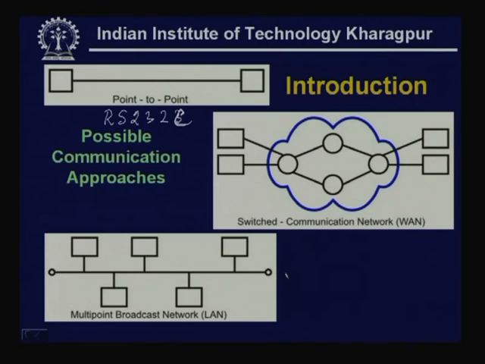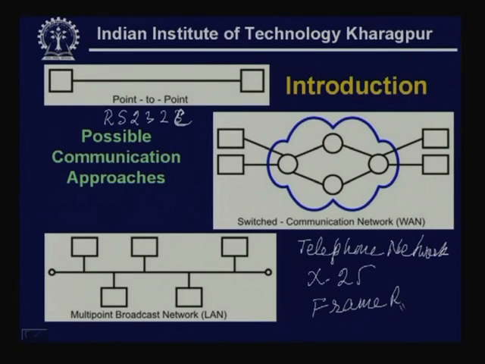Then we have discussed different types of switched communication networks, which are essentially WANs, wide area networks, for example the telephone network, then X.25, frame relay and so on.